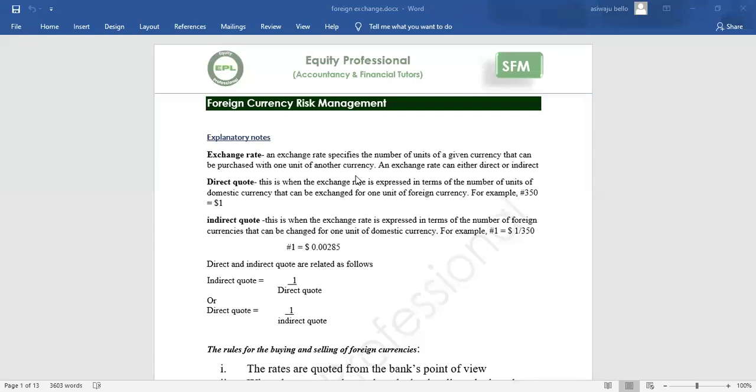However, if a company incorporated in Nigeria decides to transact business outside Nigeria, then the issue of foreign currency becomes important.